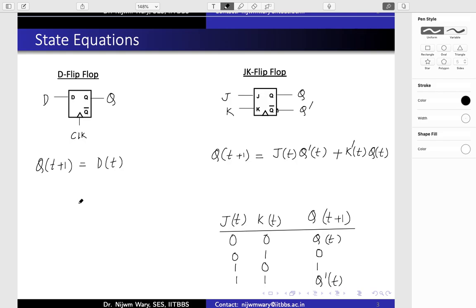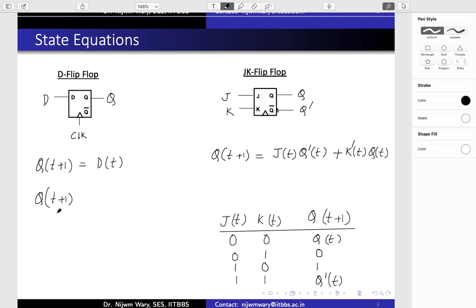So now although we can use this T to represent the present state, to save space and to simplify it, we can even just write this without this T. So it is written as Q T plus 1. We cannot just write Q equal to D, because then it will be difficult to identify the next state.